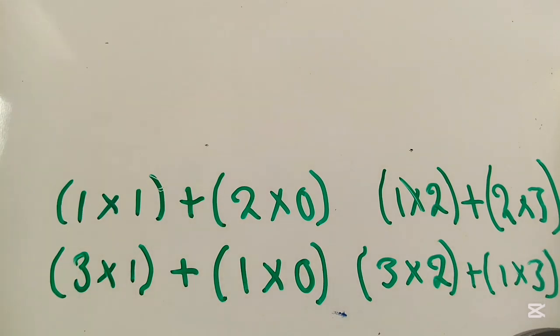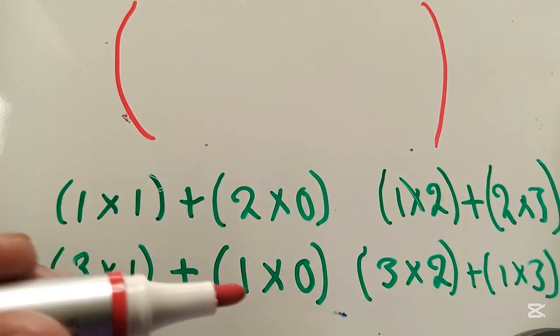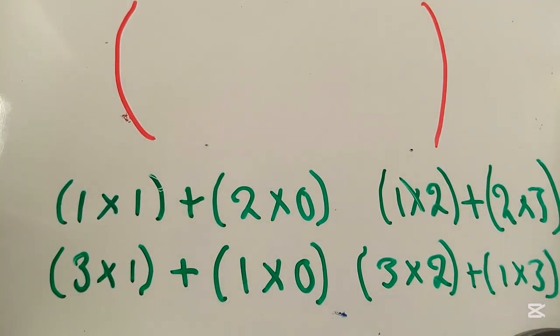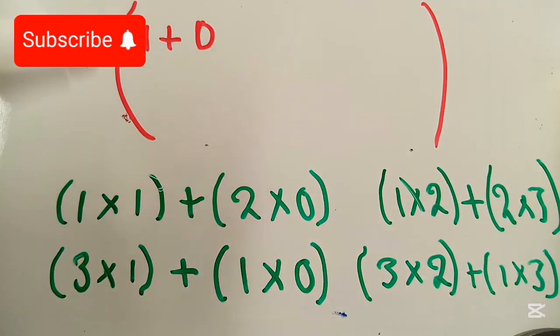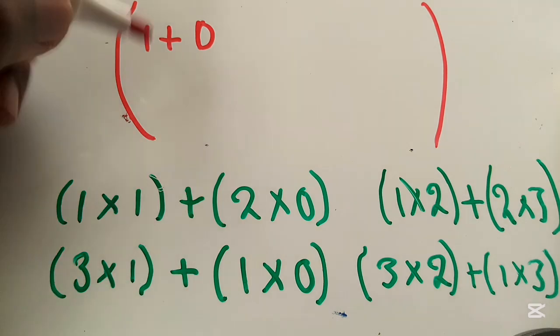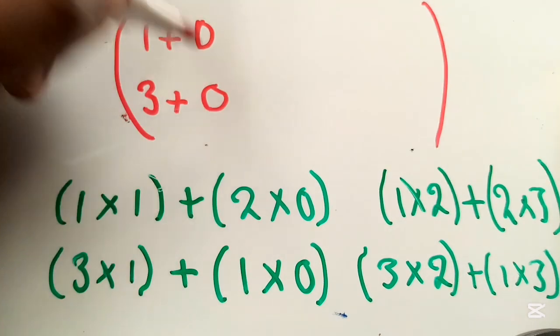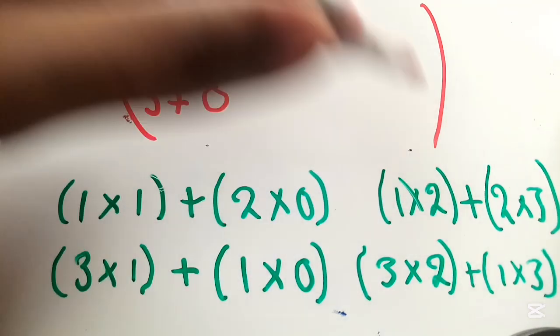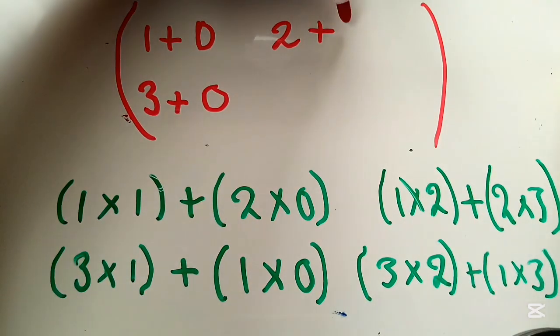So our new matrix will be: this would be 1 times 1, plus 2 times 0, which is just 1 plus 0. Then down here it would be 3 times 1, which is 3, plus 1 times 0, which is 0. That side it would be 1 times 2, which is 2, plus 2 times 3, which is 6.